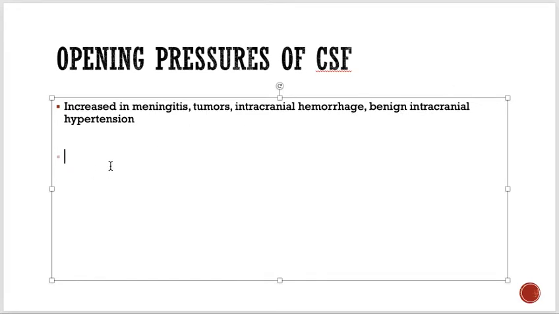And it could be decreased in a number of conditions. For example, if someone has a CSF leak, the CSF is leaking, so of course the pressure will not be built up like what normally is.